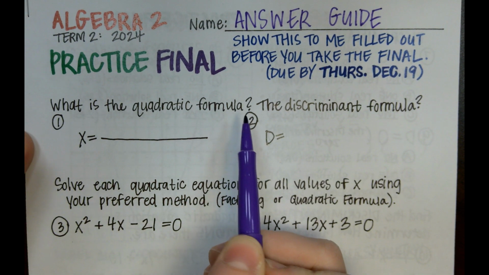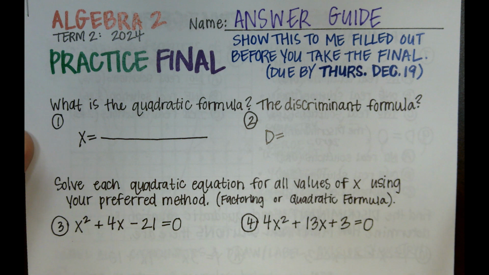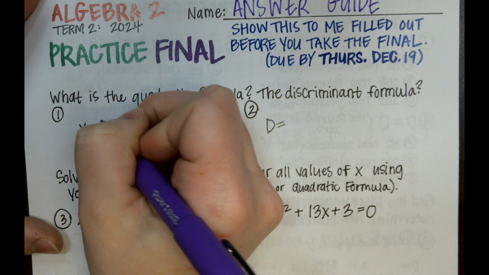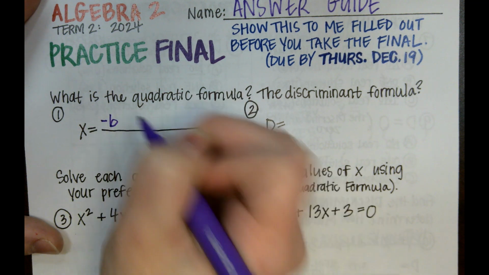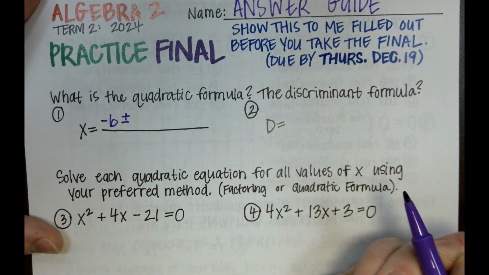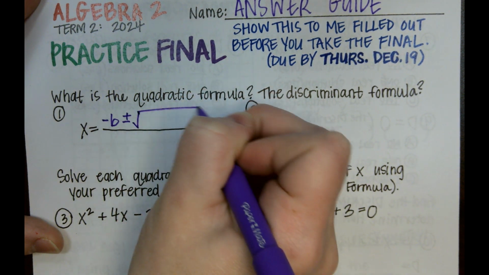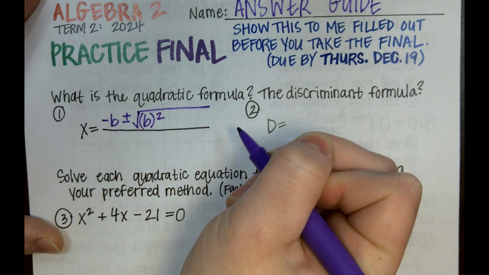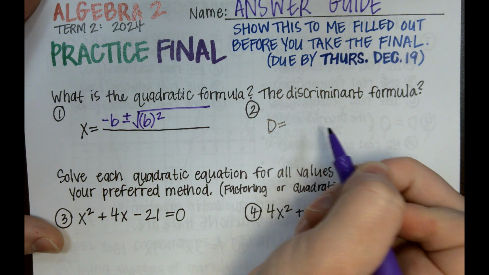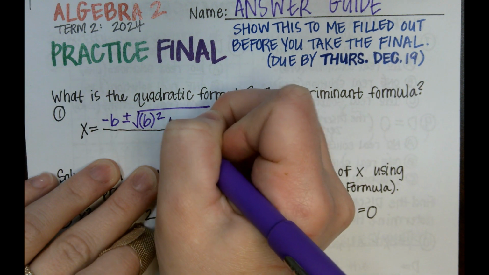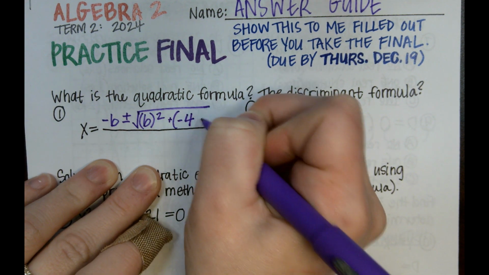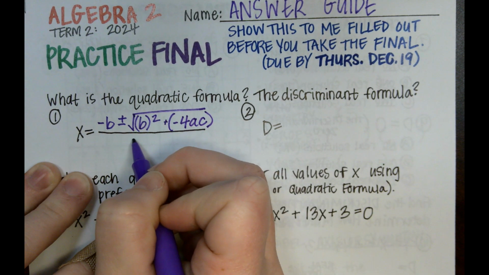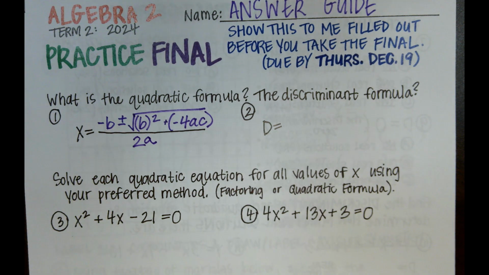We need to know the quadratic formula and the discriminant formula. Who can tell me either of those? Negative b plus or minus the square root of b squared plus negative 4ac, all over 2 times a.